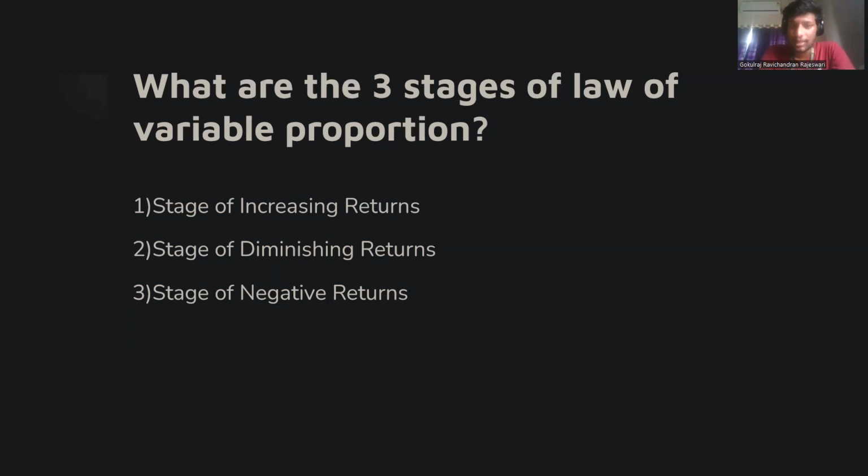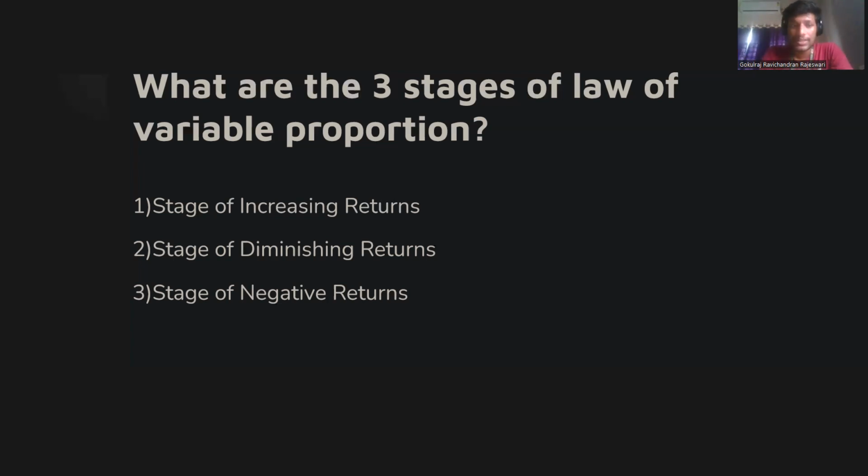The last stage is the stage of negative returns. If the input of the variable factor continues to increase beyond the stage of diminishing returns, a point is eventually reached where the marginal product of the variable input becomes negative. This means that the additional units of variable inputs result in a decrease in the total output.